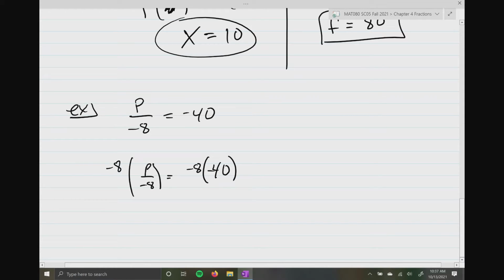Okay? Once again, in my personal, humble opinion, the left-hand side of our equation is actually the easier side because you have a -8 in the numerator and a -8 in the denominator. They reduce. So you're left over with the P on the left-hand side. The right-hand side is harder.